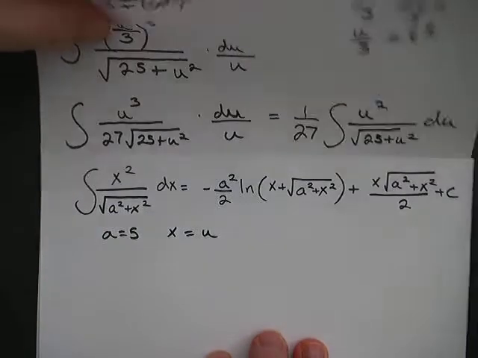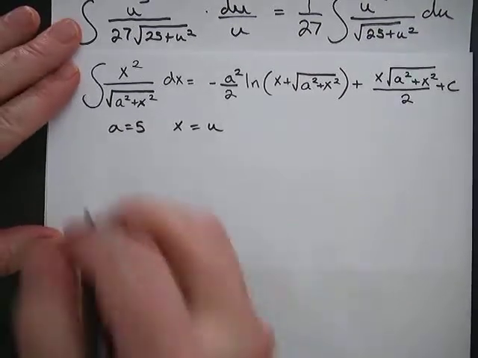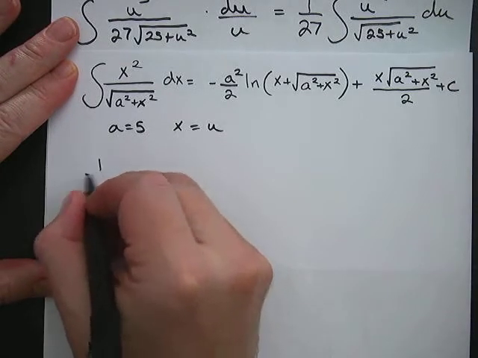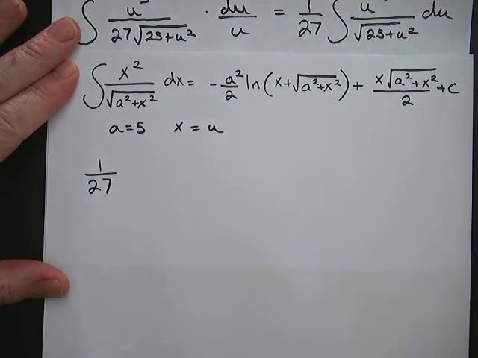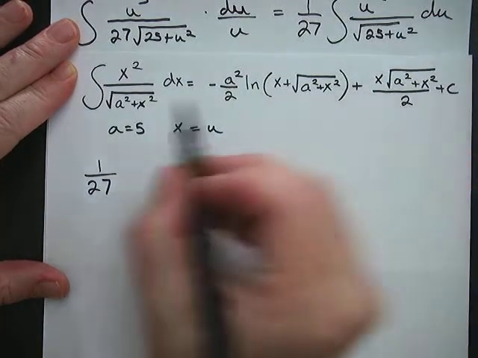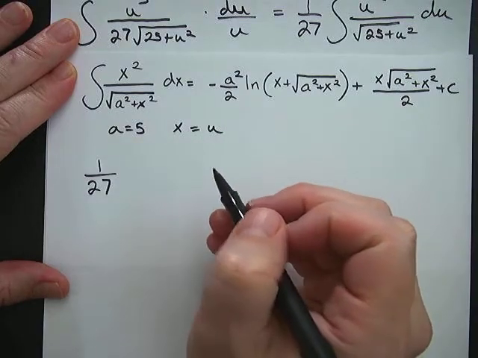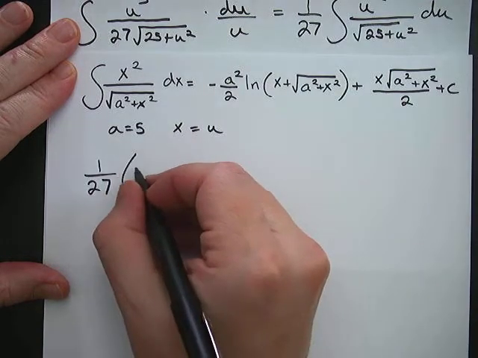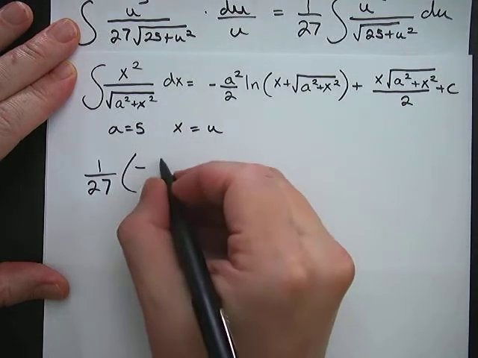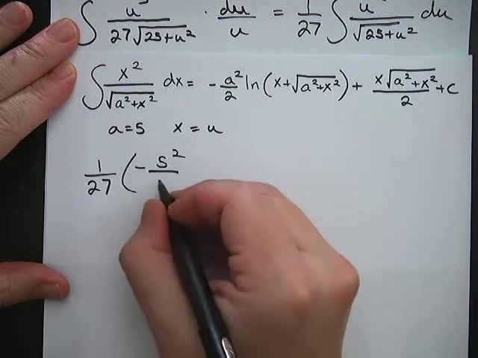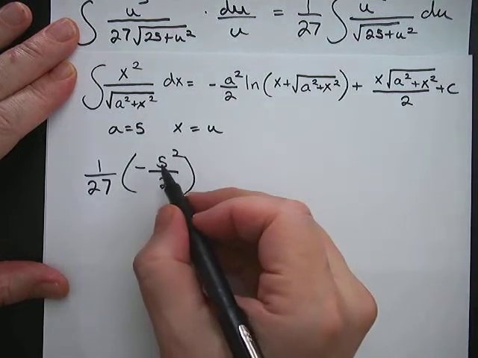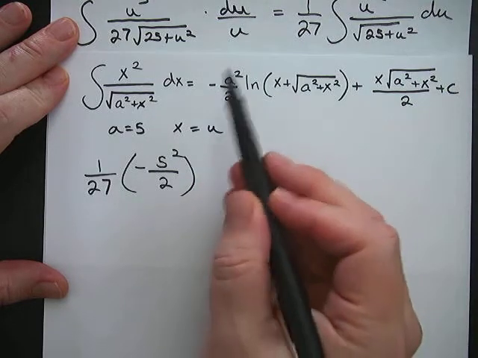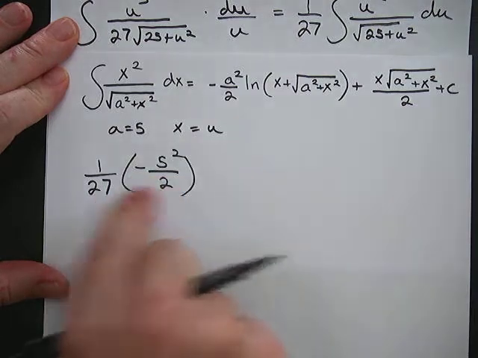So we'll take care of that 1 over 27. Let's put that out front here. And then we'll use this formula with this a and this x. So we get, let's do the first term first, negative a squared, so 5 squared over 2. And I'm not putting the 5 in parentheses with the negative because the a was not negative. The whole fraction was negative, so that stays out front. So this will end up being a negative in the next step.